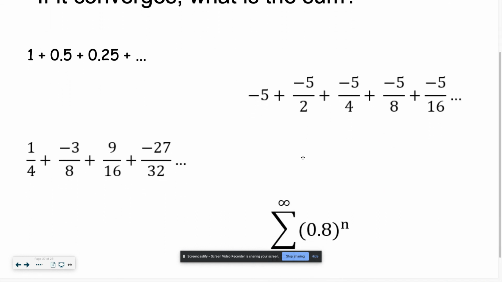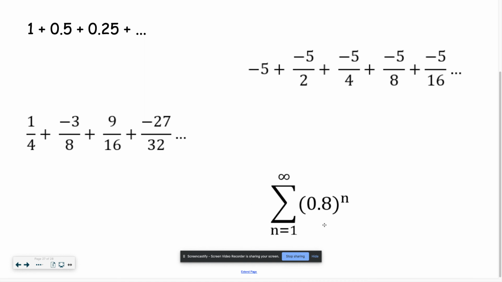Same thing for these problems, but notice how down here, there's no infinity button in your calculator. So we need to figure out our common ratio. Well, if I was to plug in 1, I'd get 0.8. If I was to plug in 2, I'd get 0.64. Well, if you notice, our common ratio is that 0.8, which is less than 1.